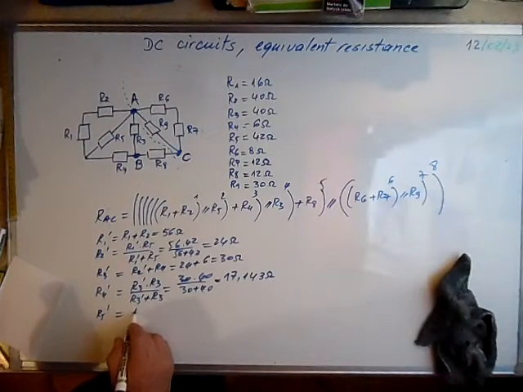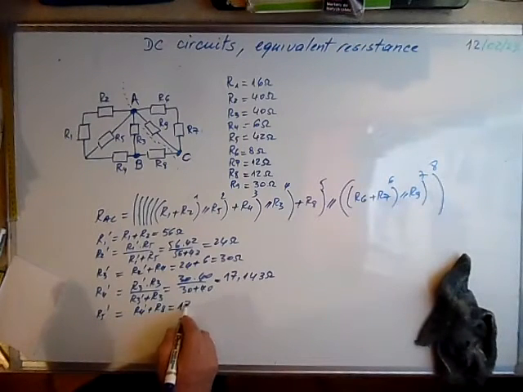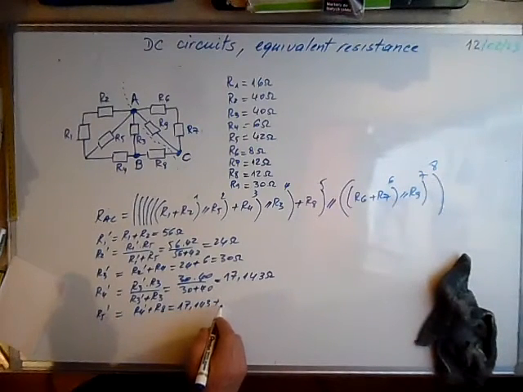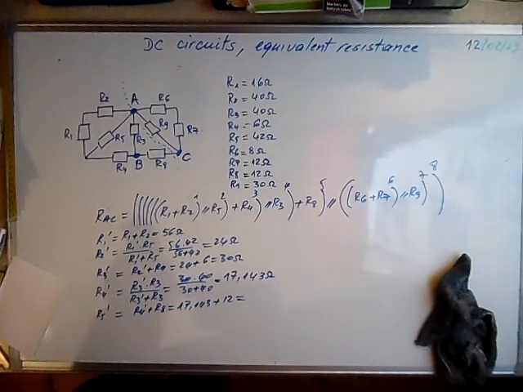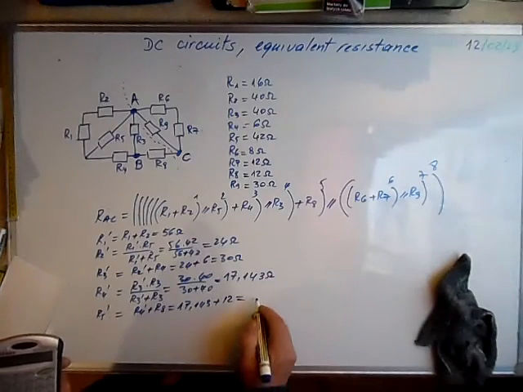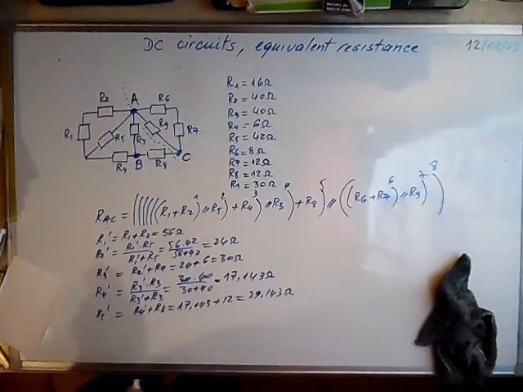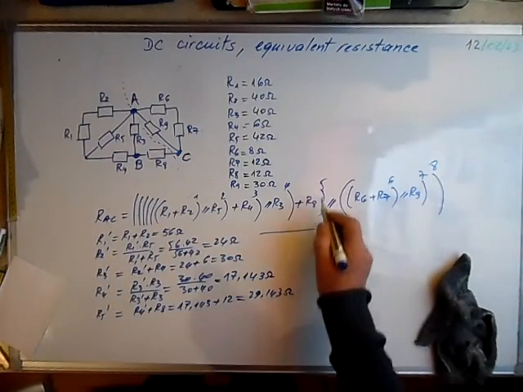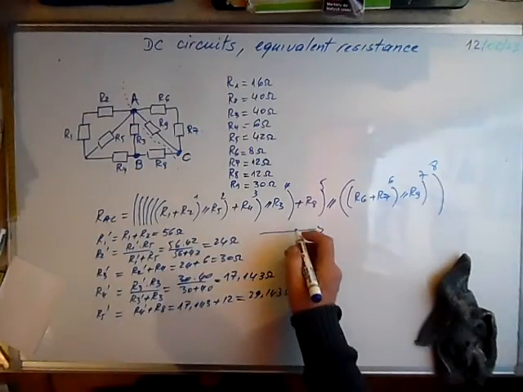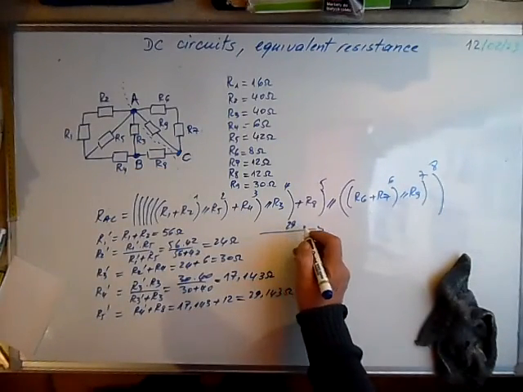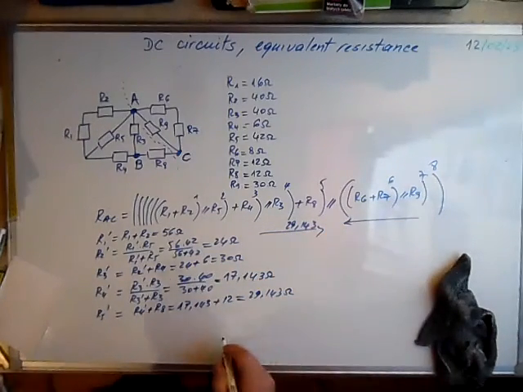R5 prime is R4 prime plus R8. This is 17.143 plus R8, which is 12. This will give us 29.143 ohms. Now we calculated the equivalent resistance of this side, so it's 29.143.